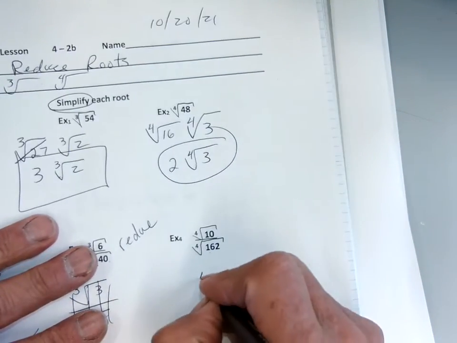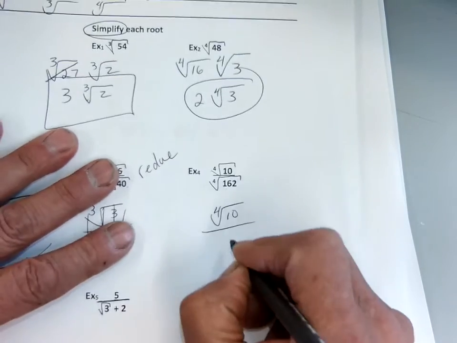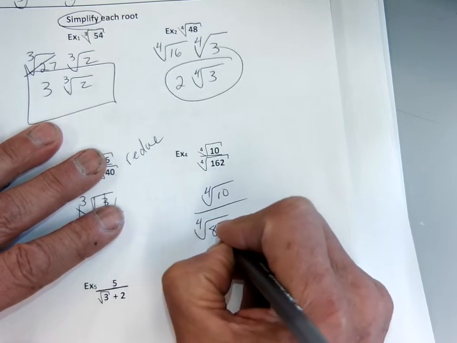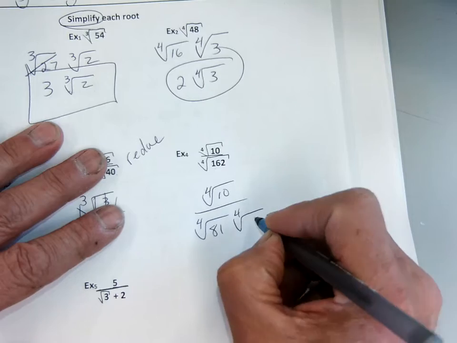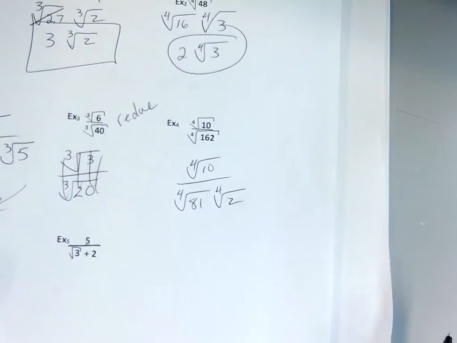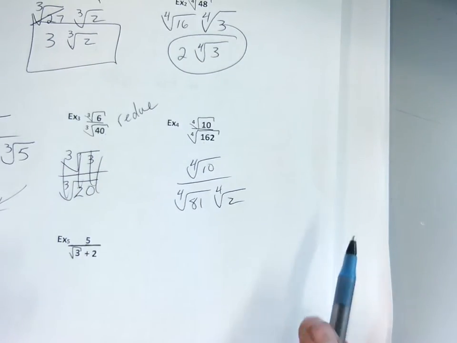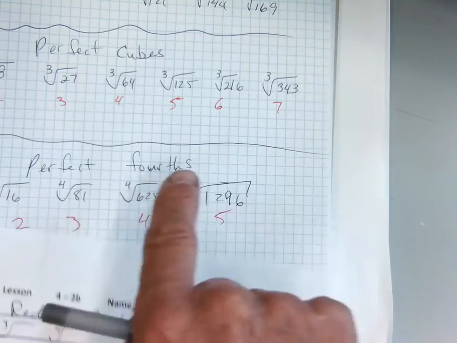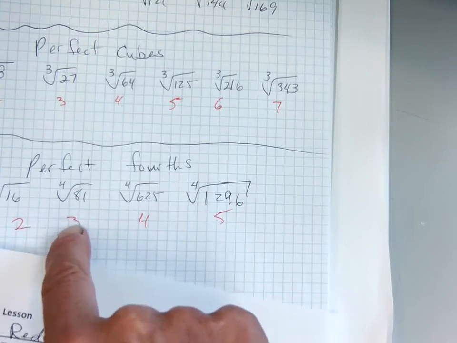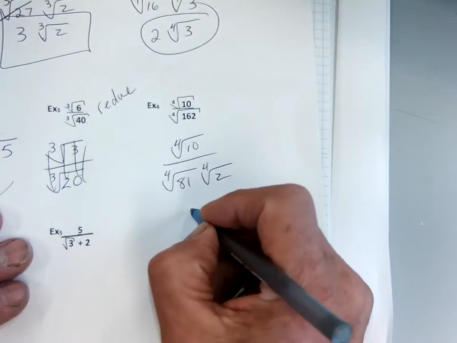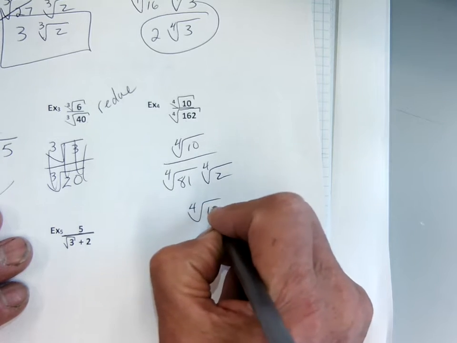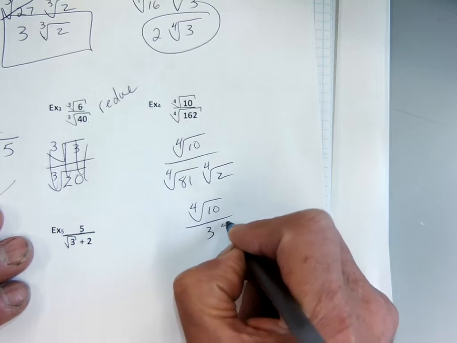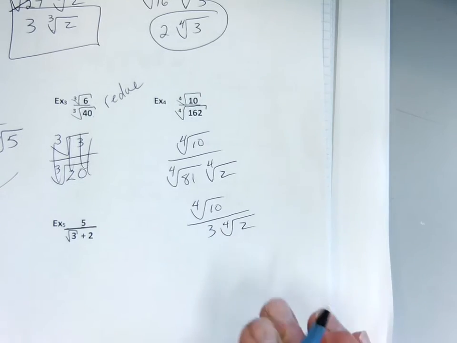So I'm going to go the fourth root of 81 and the fourth root of 2, all right? What's the fourth root of 81? Well, let's check. The fourth root of 81 is 3, right? So I'm going to have the fourth root of 10 over 3 times the fourth root of 2. And we'll come back to this one.